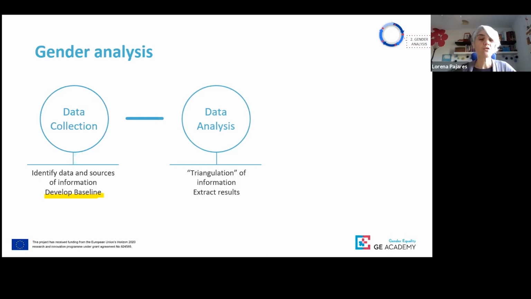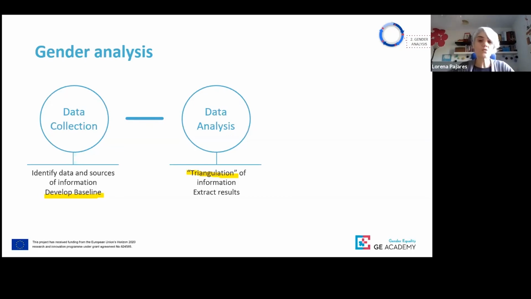And for doing this data analysis, what we do is triangulate the information, okay? This triangulation sounds a little bit complicated, but this is just what we do when we use more than one technique, as we were saying, if we're using questionnaires and focus groups and participatory methods, different methodologies.